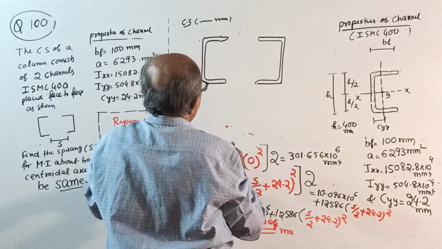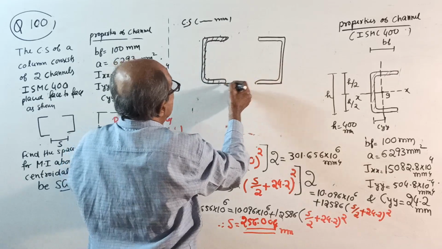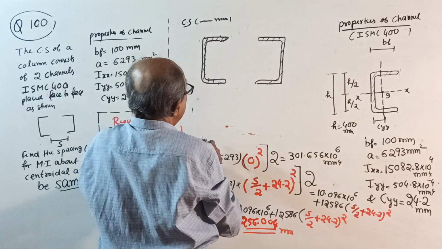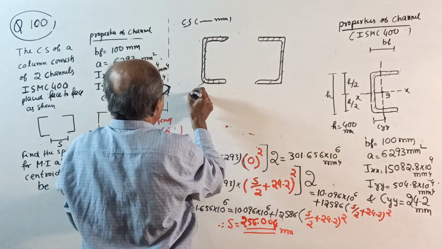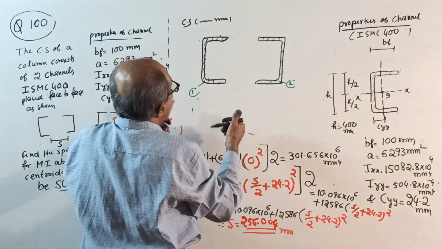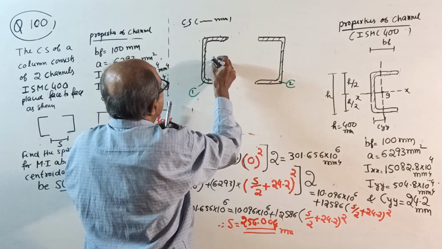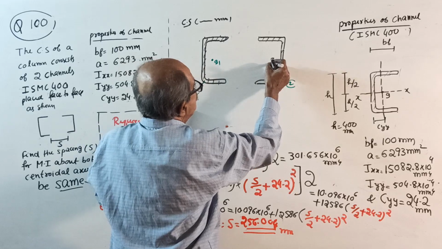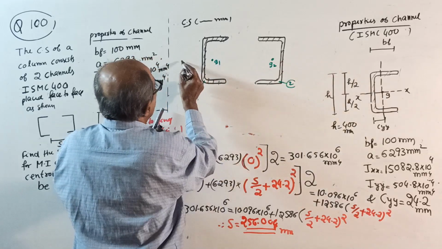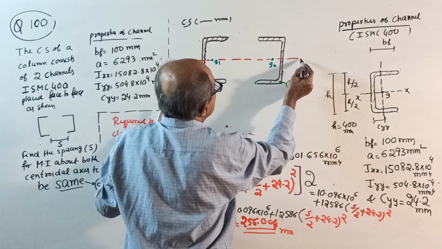Looks okay. I will take 1 and 2. Let me neatly write here. As usual, I will take this as 1, this is 2. Then centroid, this is centroid G1. This is centroid G2. Now x-axis will come here. This question is same as the last question.